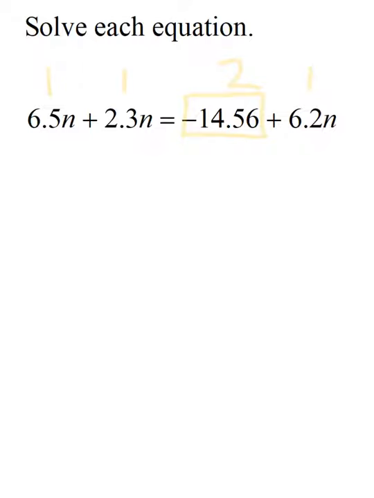So to clear those out, inside of every term, we're going to move the decimal twice. When I think about 6.5, we're going to move it twice to the right, so I'm going to have one placeholder. I'm going to change that to 650 n's.